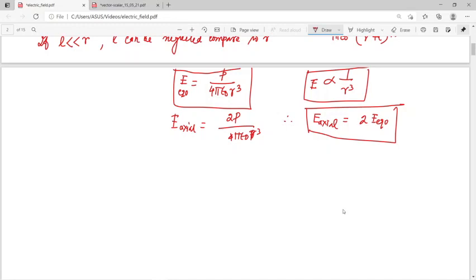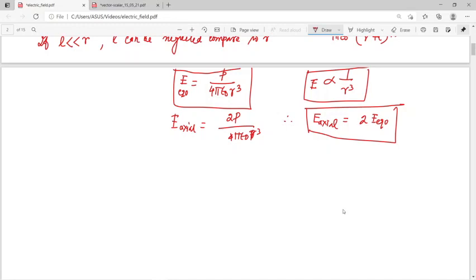Yes. Okay. So now we have found the electric field due to a dipole at an axial position, as well as at the broadside or equatorial position.